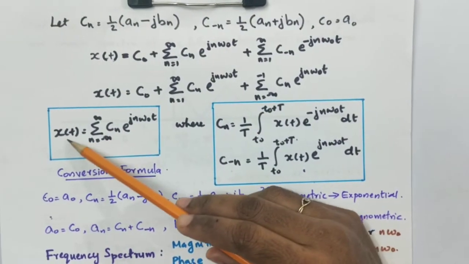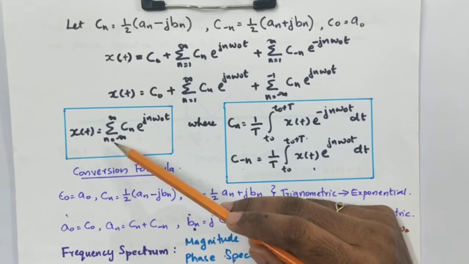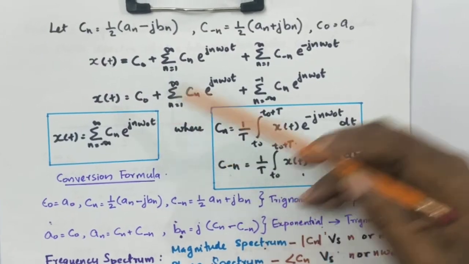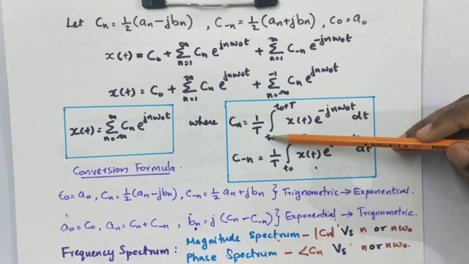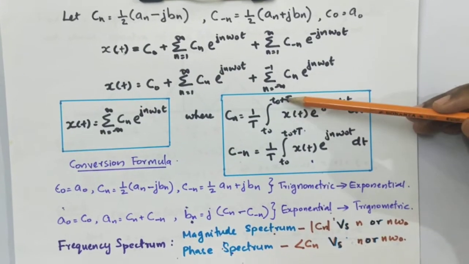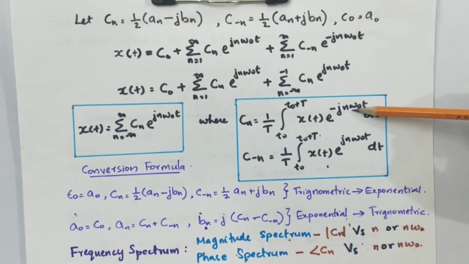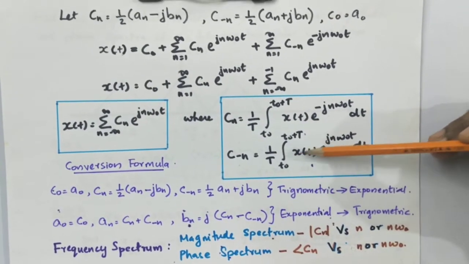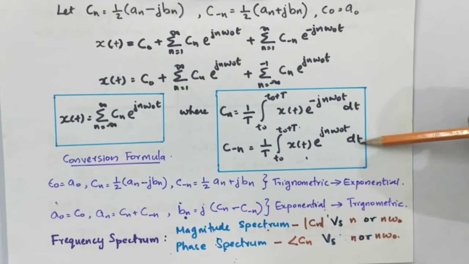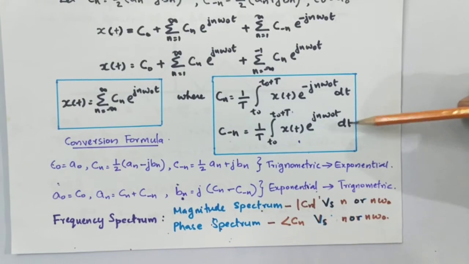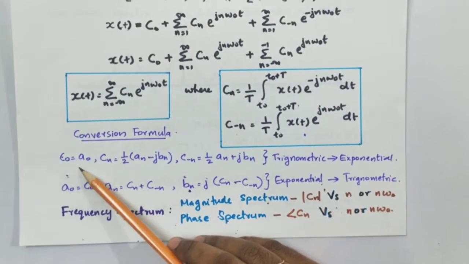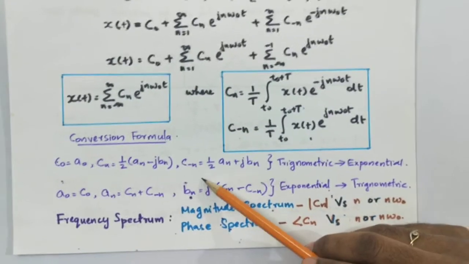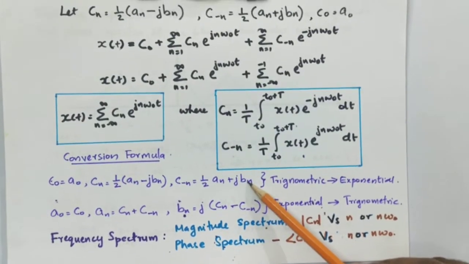So x of t takes the form sigma n equal to minus infinity to infinity cn e raised to jn omega 0 t, where cn equals 1 by T integral t0 to t0 plus T x of t e raised to minus jn omega 0 t dt, and c minus n is 1 by T integral x of t e raised to jn omega 0 t dt. From this, c0 is a0, cn is half into an minus jbn, and c minus n is half into an plus jbn.